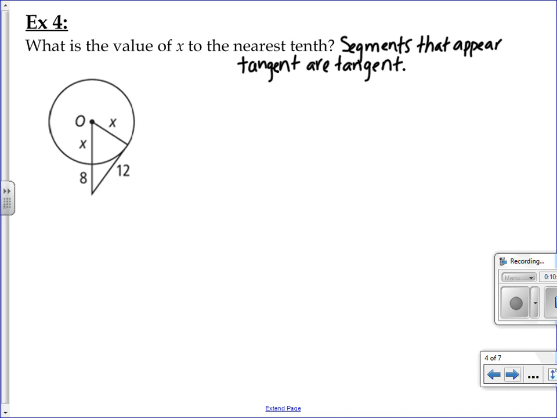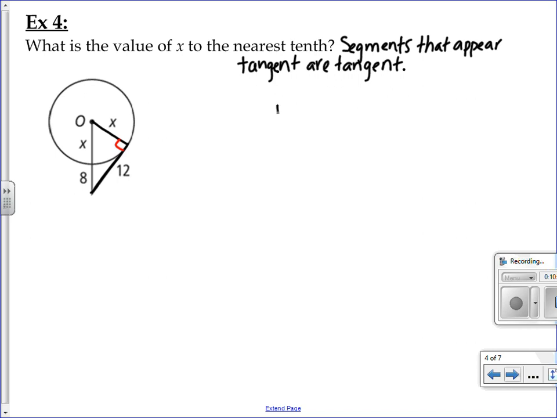Because when I look at my picture here, I definitely have what looks to be a tangent segment. I'm going to make it tangent. And then we have that radius. So whenever you have a radius in a tangent segment, you can draw that right angle.